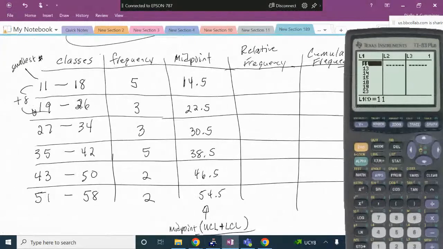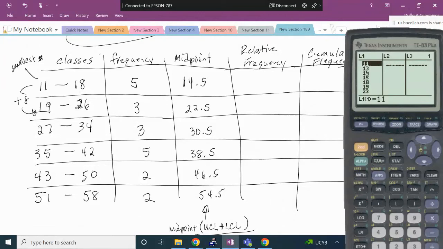So any questions up to this point? So we got the class width. We found that. We use the class width and the smallest number to map out the classes. Then we found the frequencies in each class, right, by using the sorted data.